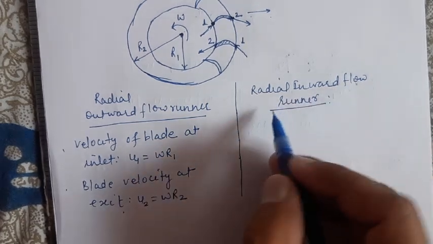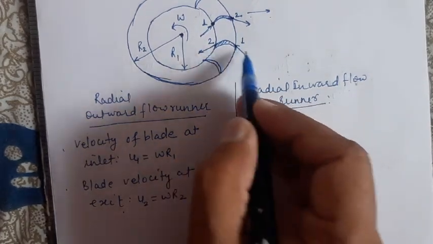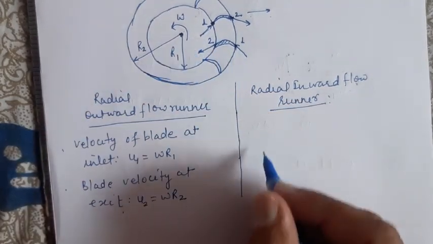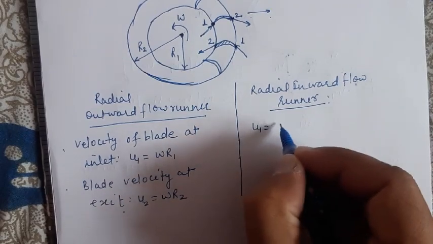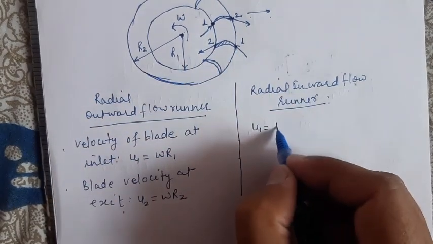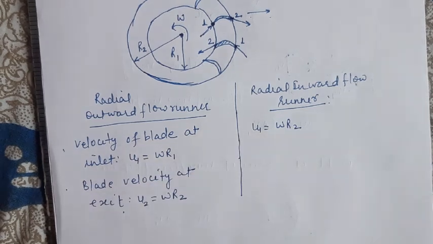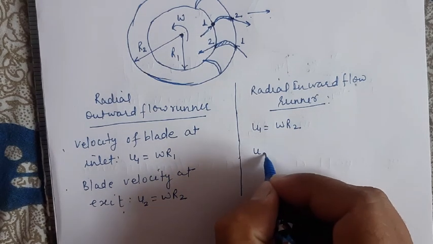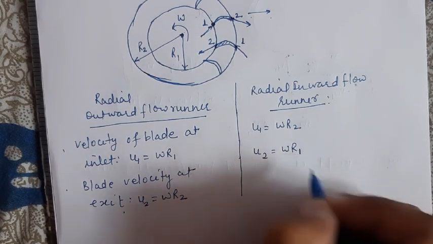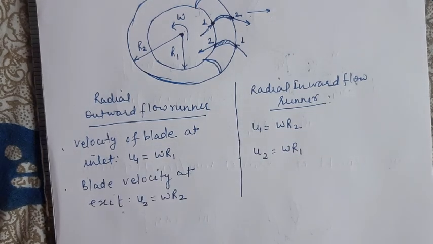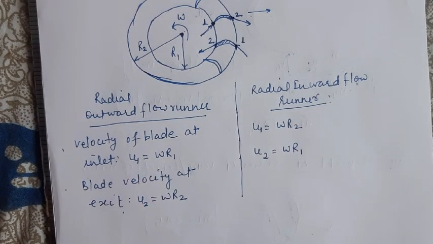For the radial inward flow runner, observe, this is the inlet, this is the exit, because the flow is radial inward. Therefore, u1 will be equal to omega r2, please observe, and u2 will be omega into r1. I think it is very much clear.